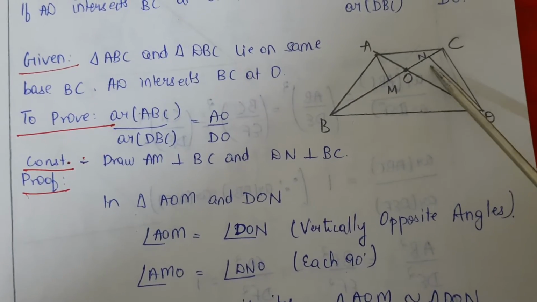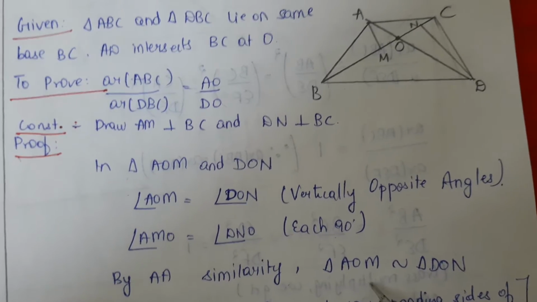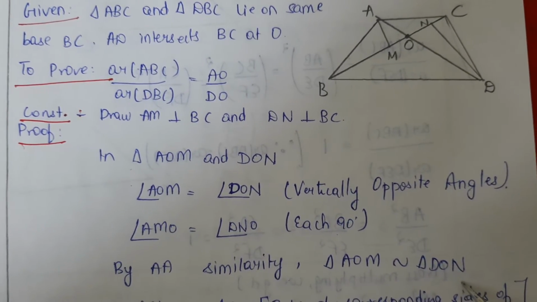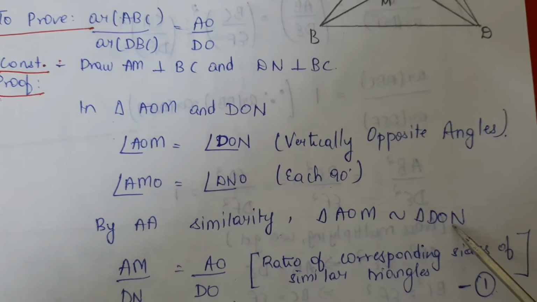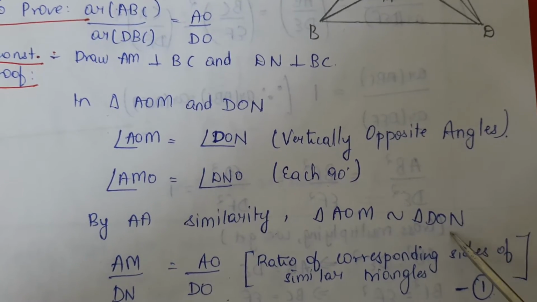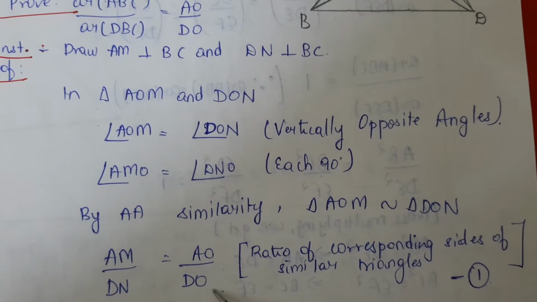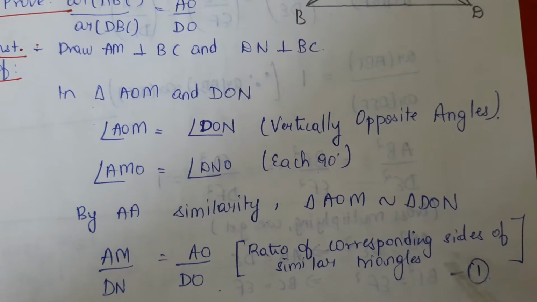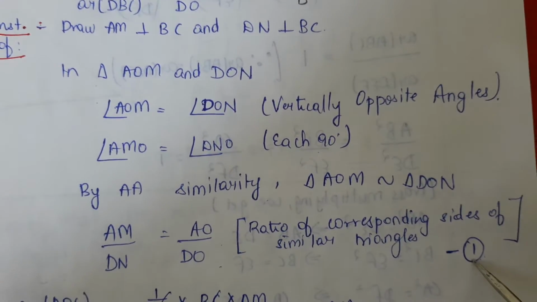So these two angles are equal. So by AA similarity, triangle AOM is similar to triangle DON. Now when two triangles are similar, the ratio of the corresponding sides of the similar triangles are equal. So AM by DN is equal to AO by DO. So let us take this as first equation.